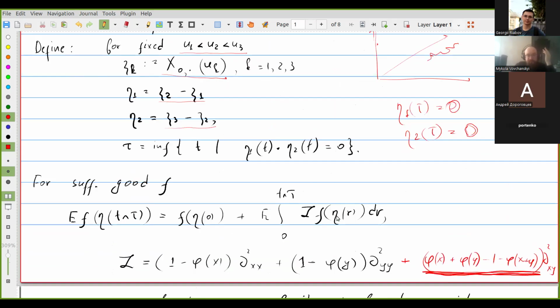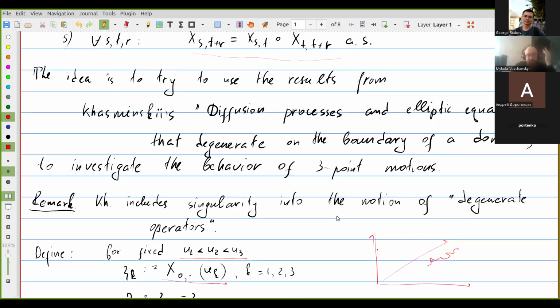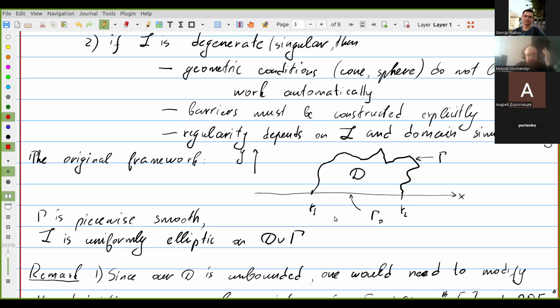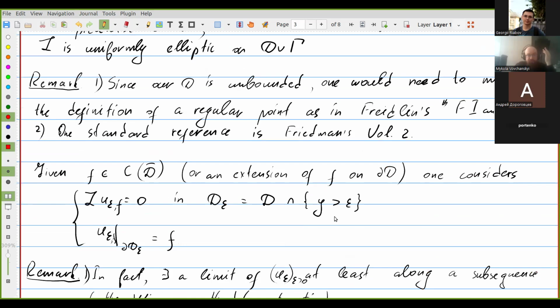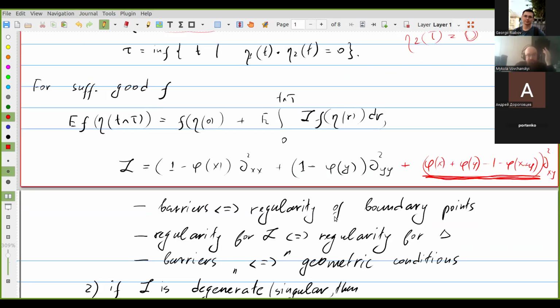And for some reason, I lost a page. Like literally, I lost a page. Maybe even more than a page. Wait a second. I'm sorry.